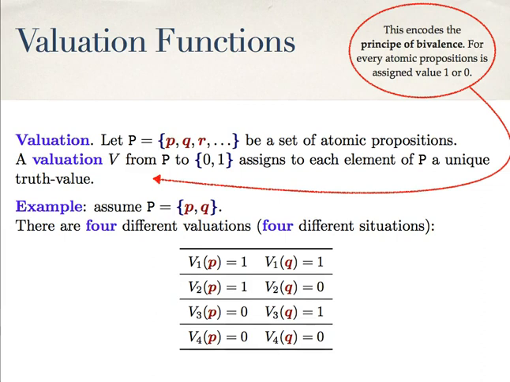So the valuation function is not defined once and for all. We need to define one, and if we have two atomic propositions, we have many possibilities, namely 4 possibilities. Now you might wonder, which valuation function are we supposed to pick? Are we supposed to pick valuation function 1, 2, 3, or 4? This is a question that lies outside the field of logic.